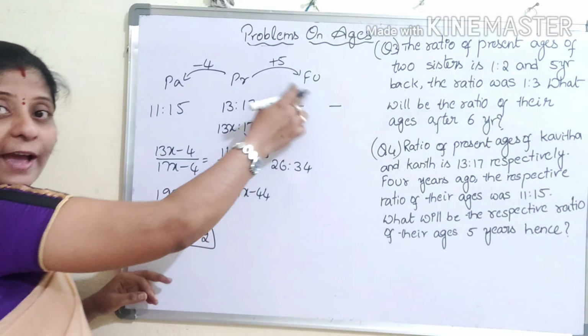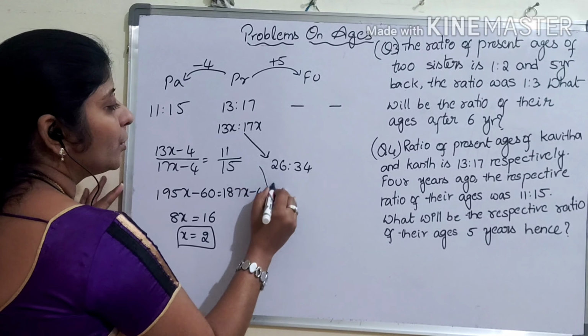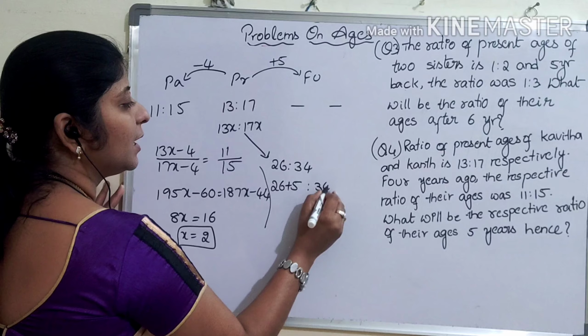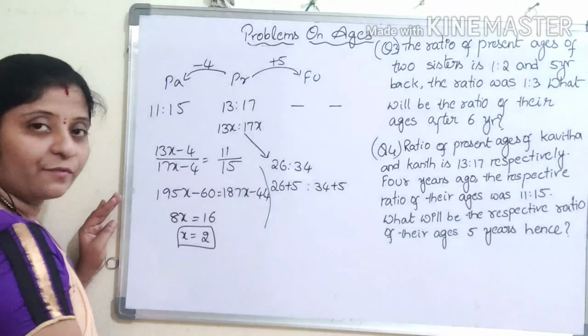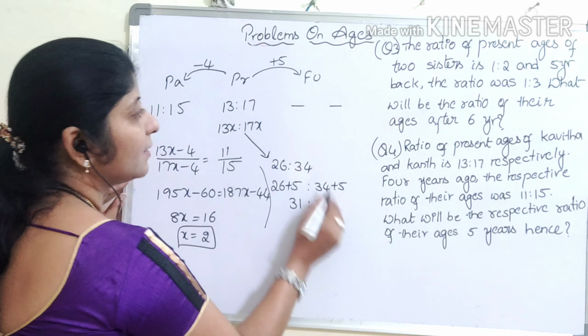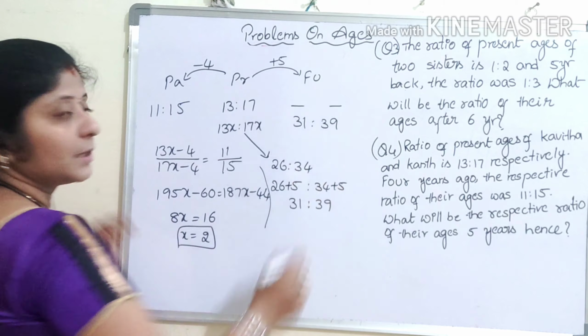After 5 years, we have to find the ratio of their ages: 26 plus 5 to 34 plus 5. We have to add 5 to both ages. The ratio of their ages will be 31 to 39.